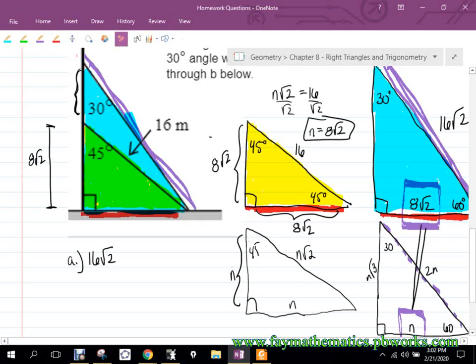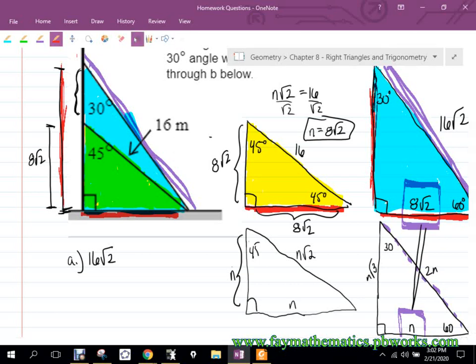So you know that distance, 8 radical 2. Do you know, or maybe do you have the ability at least to find that distance? Would you guys agree that, kind of running out of colors here, that red distance right there is the same as that one?